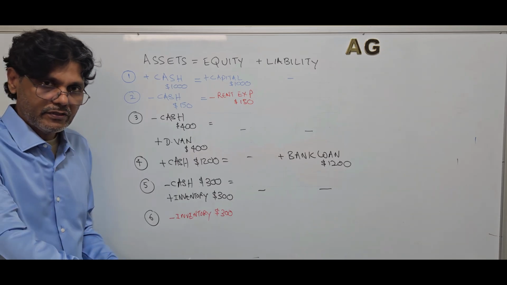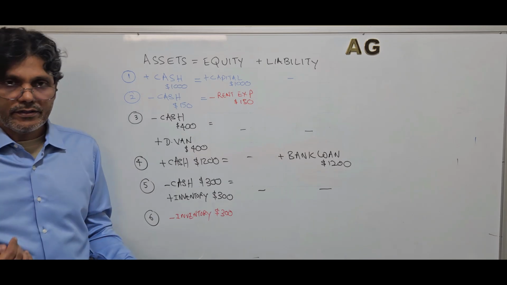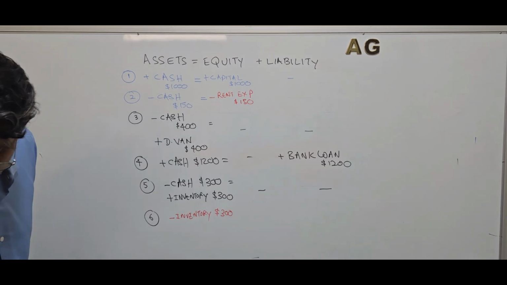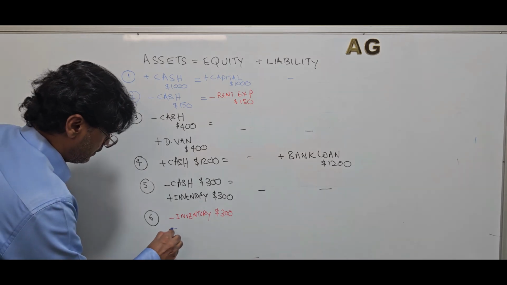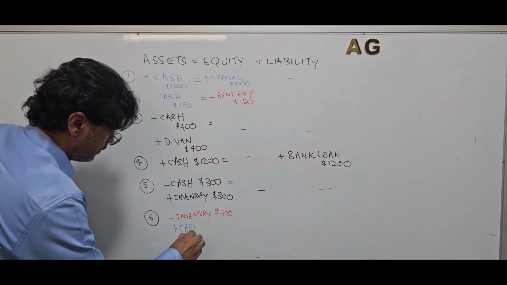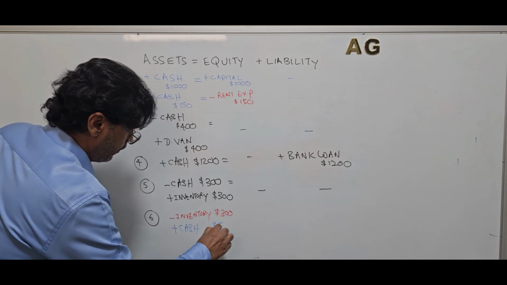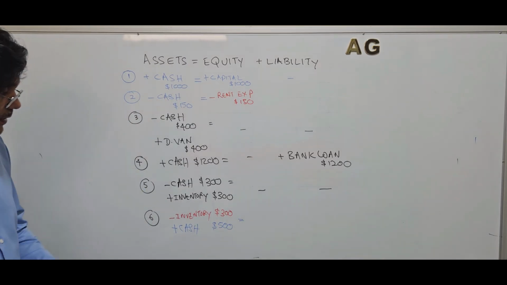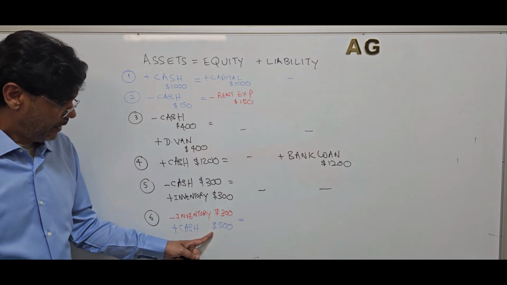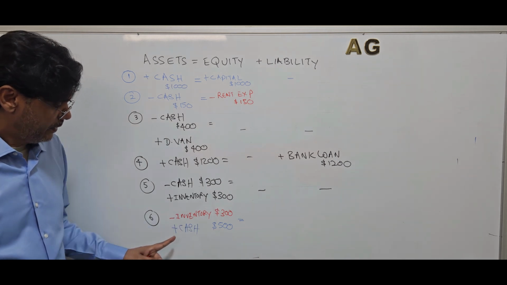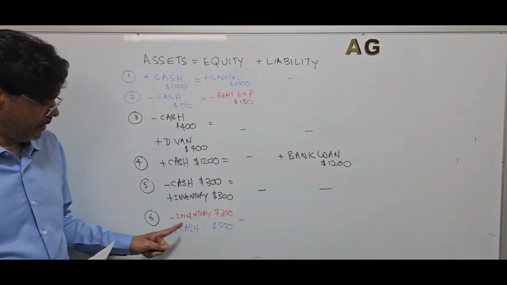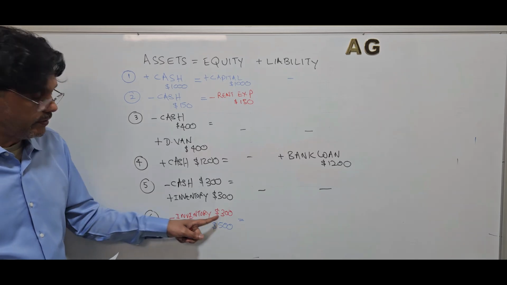You sold 300 worth of goods for $500, so your cash balance will increase by $500. The business received cash and sold inventory worth 300.